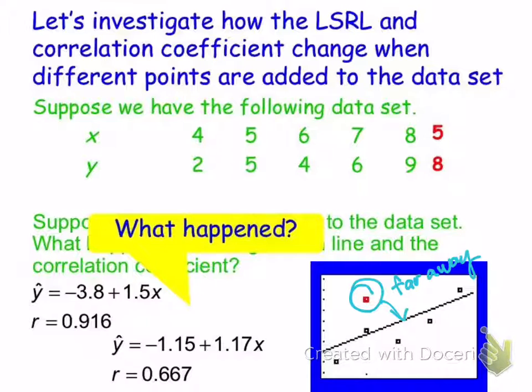It is hurting. It hurts my R value. It went down. So it weakened my data, because I'm trying to prove a point here that I can predict Y when I'm given an X. And this point kind of screwed everything up. It weakened my data.